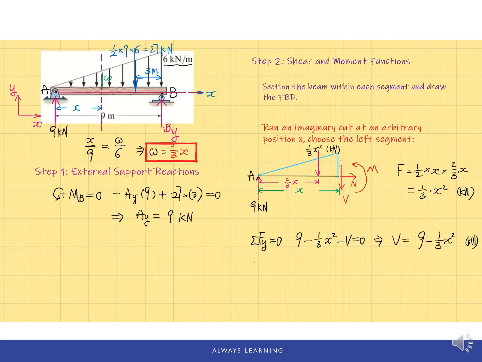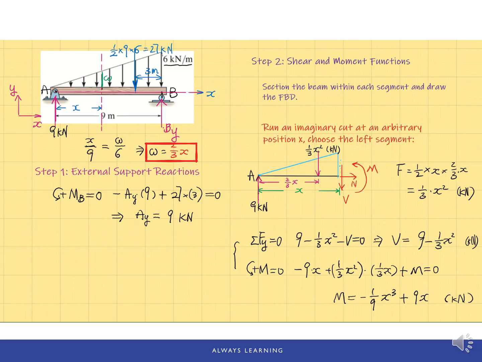Next, the moment about the sectioned end, which is the right end of the left segment at the cut, equals to 0. We are going to solve for the moment. So this will be -9 times the moment arm x, plus 1/3x squared times the moment arm 1/3x, plus M equals to 0.